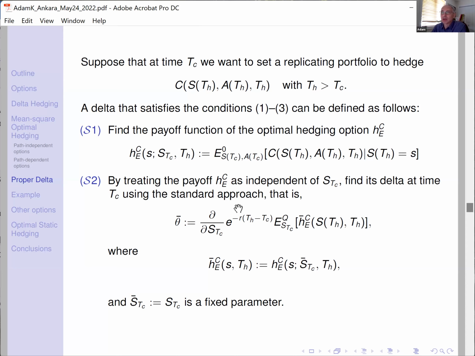And then I simply calculate delta of this new option. So I forget its dependency on the current spot price. I calculate its price, and then I differentiate this price with respect to the current spot price. By doing this, I disconnect the dependency of the payoff on the current price and the sensitivity today.